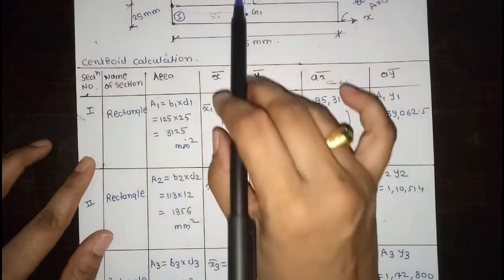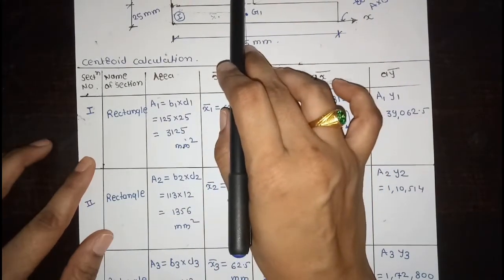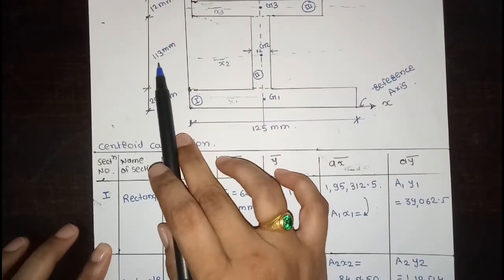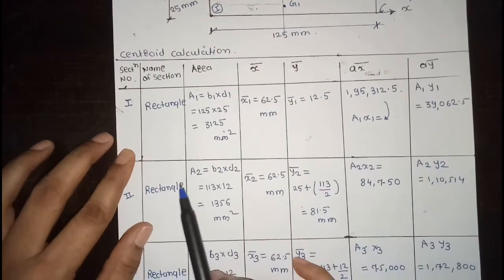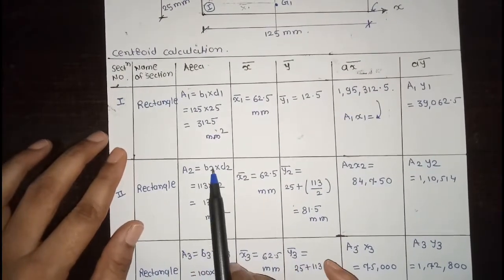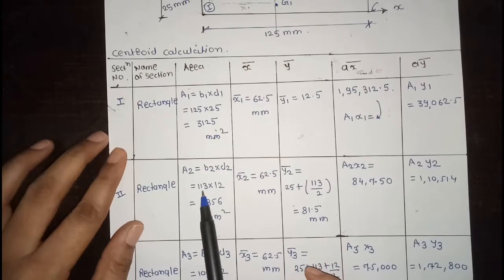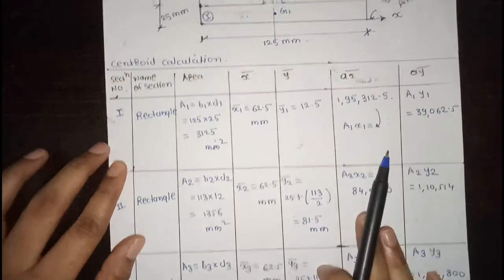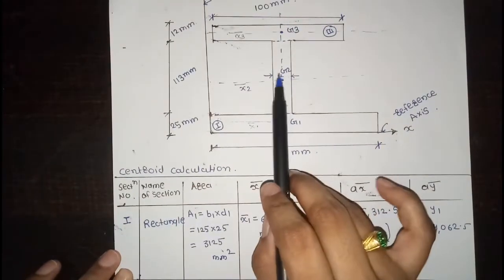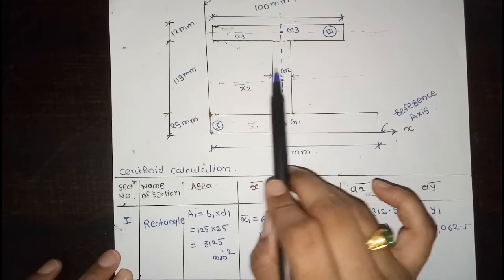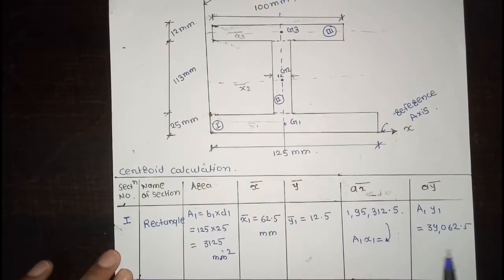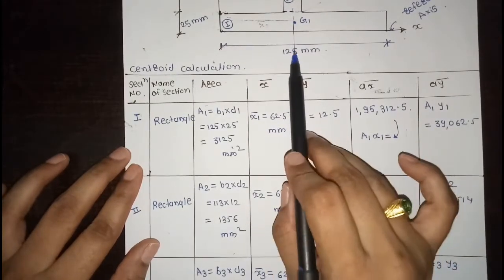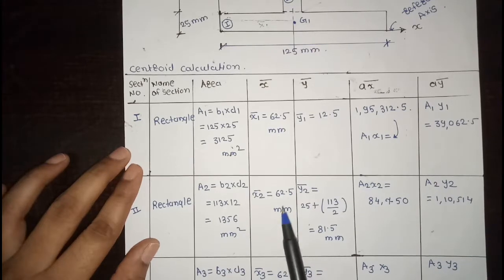Area of second section means b is equal to 12 and d is equal to 113. So area of second section, b 12 and d 113, then we get 1356 mm square. x2 bar, see this diagram, distance between point G2 to base of y-axis means same value, x2 bar is equal to 62.5, 125 divided by 2, then we get 62.5.